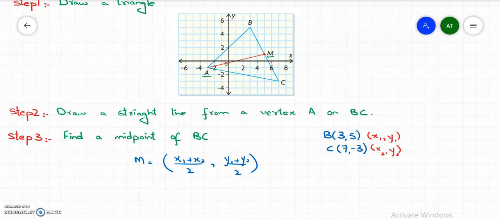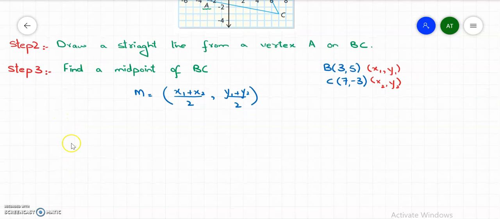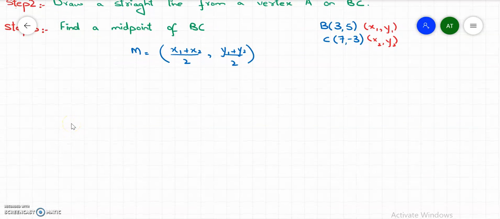Now let's find out the midpoint. M equals x1 plus x2 divided by 2. x1 is 3 and x2 is 7. So we have 3 plus 7 divided by 2, comma, y1 plus y2 divided by 2. y1 is 5 and y2 is -3.